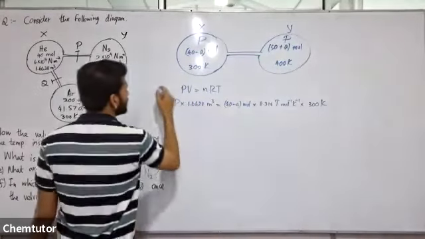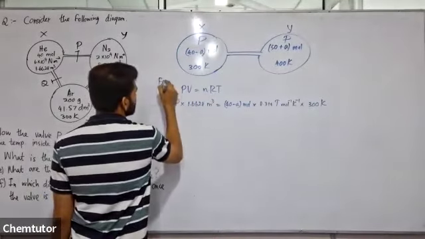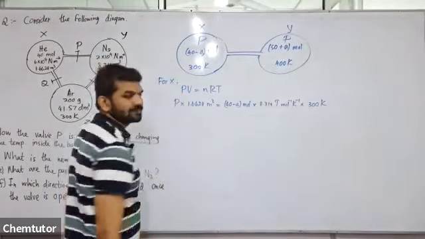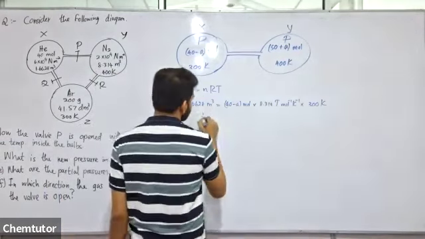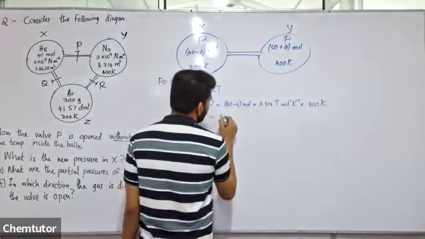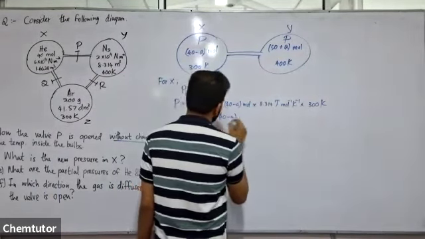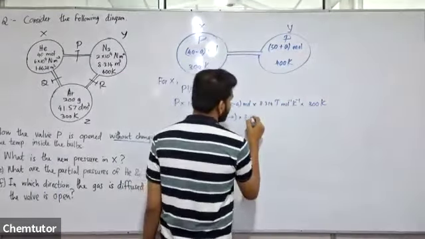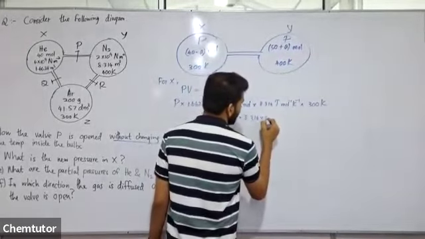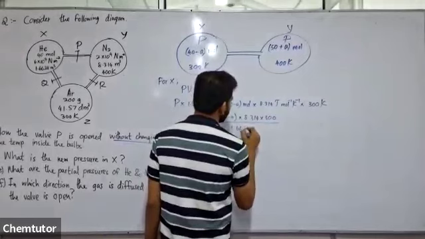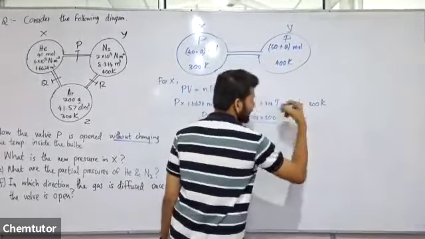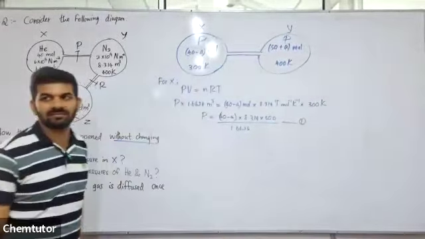So this is for bulb X. Is it clear? Then we can subject P, that is 40 minus A into 8.314 into 300 divided by 1.6628. Let's take that as equation number 1.